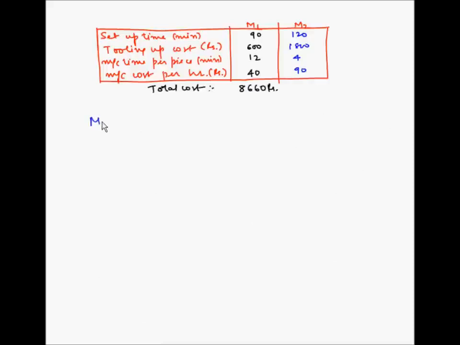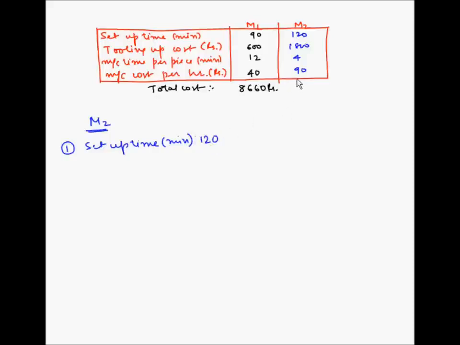So for M2, first is again the setup time, which is given in minutes. For M2 it is 120 minutes. So this is the time it will take for us to set up this machine to process those 1000 pieces.